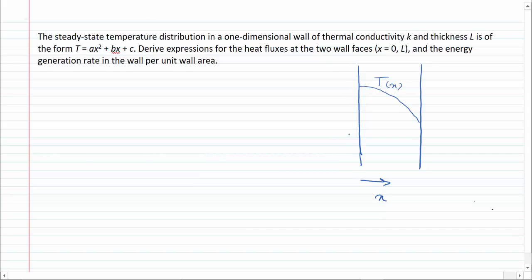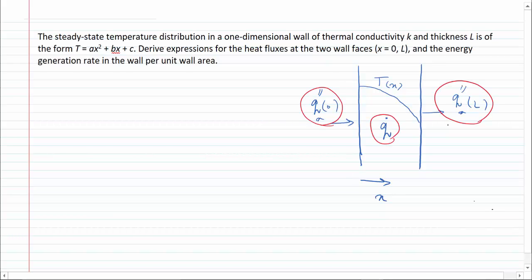We want to find the values for q double prime x at 0, q double prime x at L, and we also would like to find the value of heat generation rate within this wall thickness. So these three parameters are of interest for us.